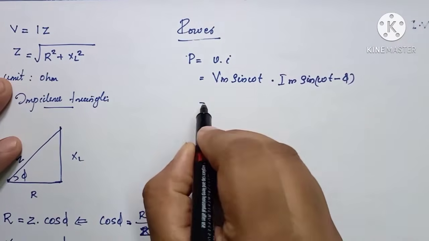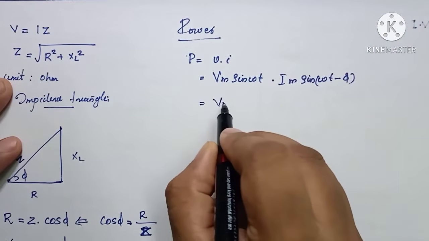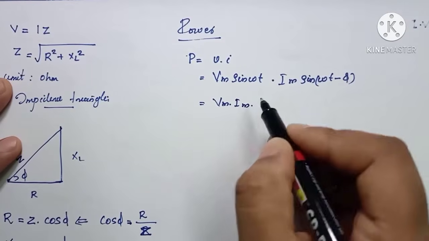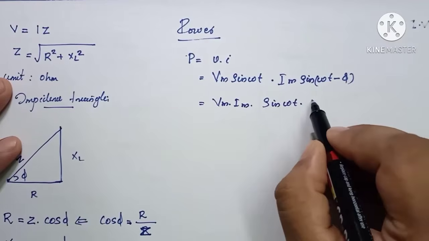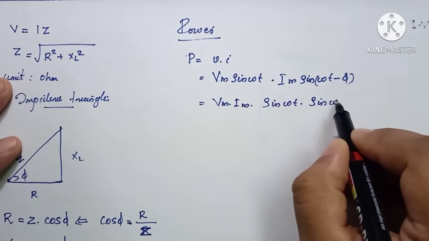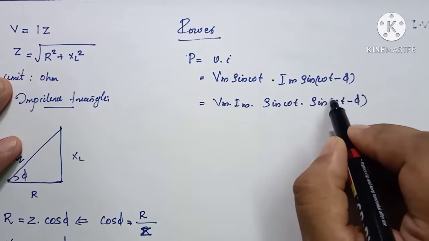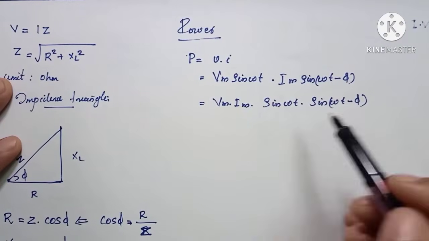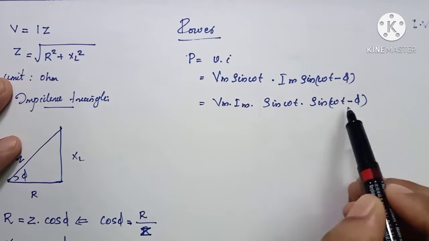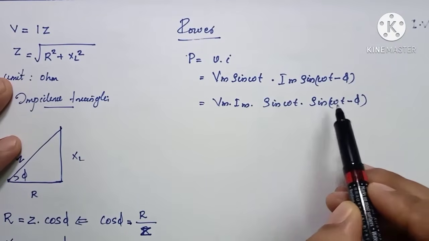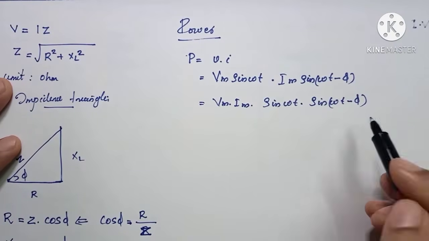So that is equal to Vm into Im into sin omega t into sin omega t minus phi. This will be in the form of sin A into sin B. What is sin A into sin B?